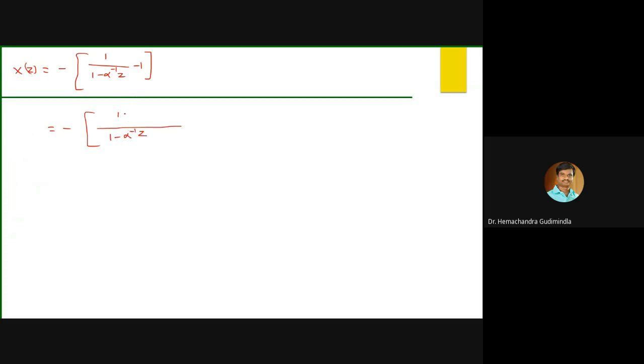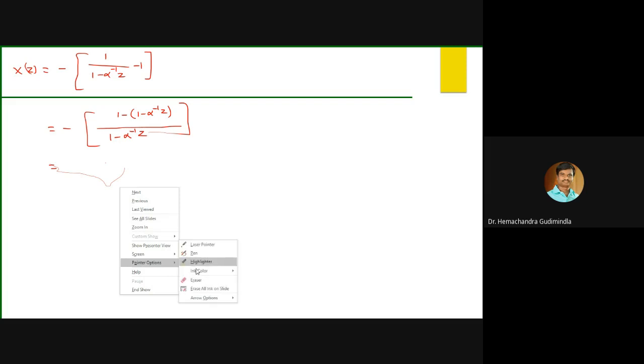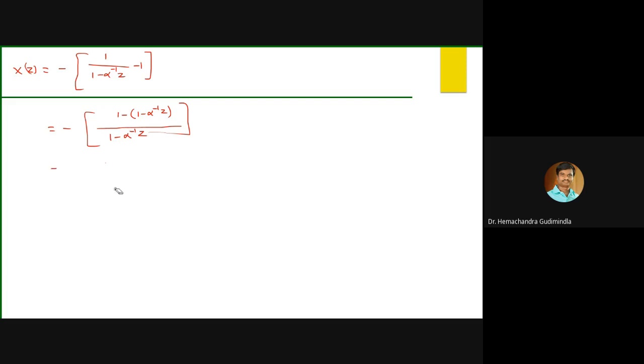What you will get? 1 minus of 1 minus alpha inverse into z is equal to minus of 1 minus 1 plus alpha inverse into z divided by 1 minus alpha inverse into z.